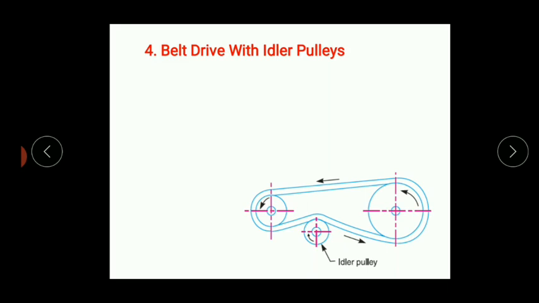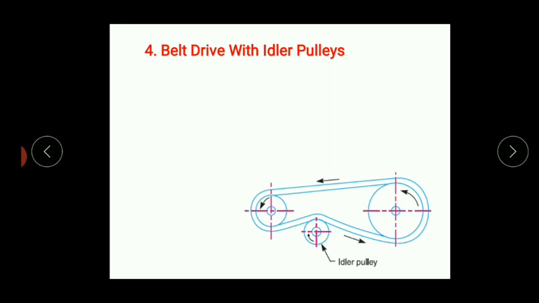So an increase in the surface contact will increase the frictional grip between the belt and the pulley. This can also be used because sometimes the belt length is more. If the belt length is more, then the belt is quite loose and it is very difficult to transmit the motion from the driving pulley to the driven pulley, because there is a lot of slippage present.